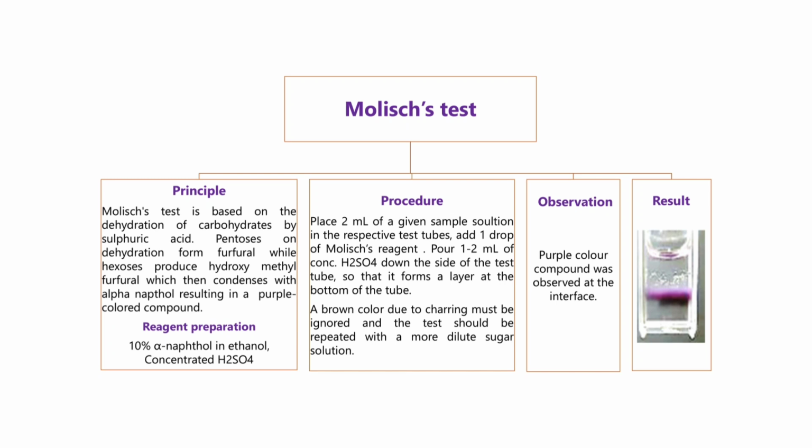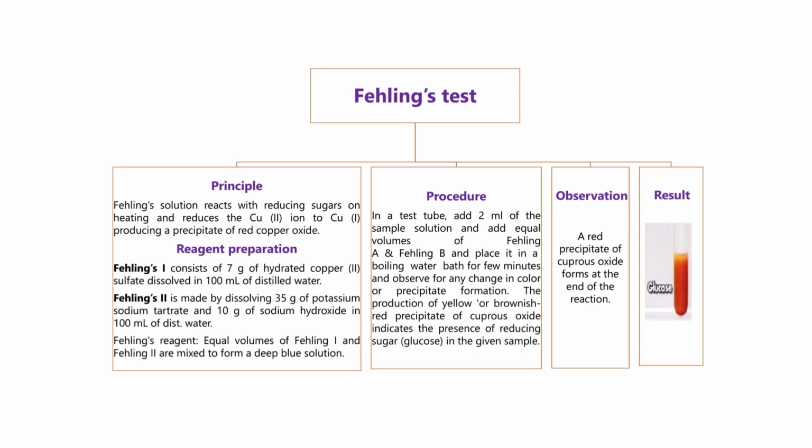So this is how you get a purple color ring at the junction if the sample contains glucose. If you get a brown color, this may be due to charring and you can dilute your sugar sample and repeat your analysis.